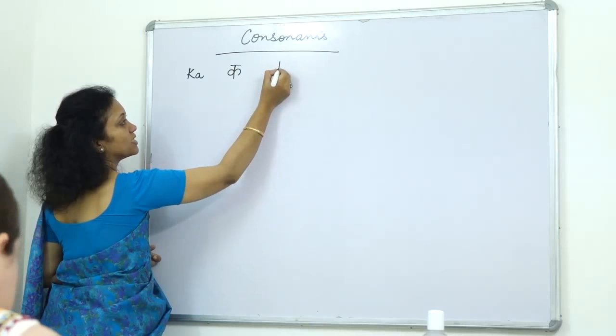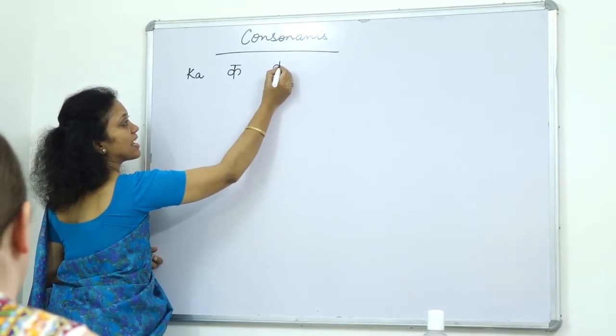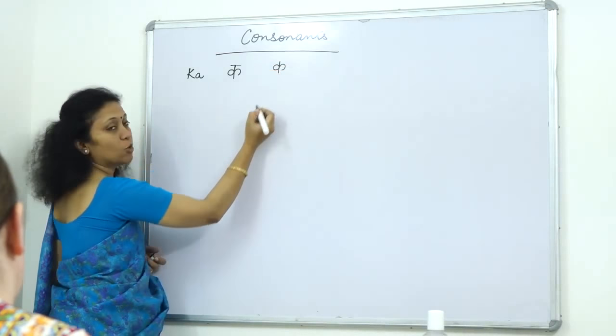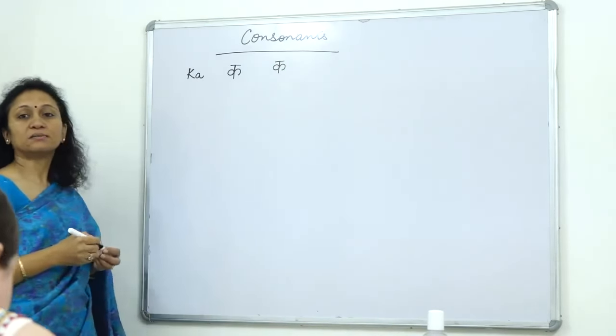A vertical line from the center, start making an 8, but don't join it back. This is k.